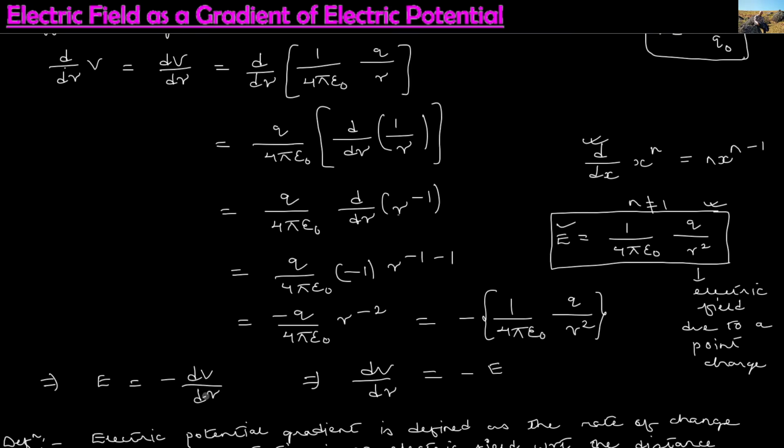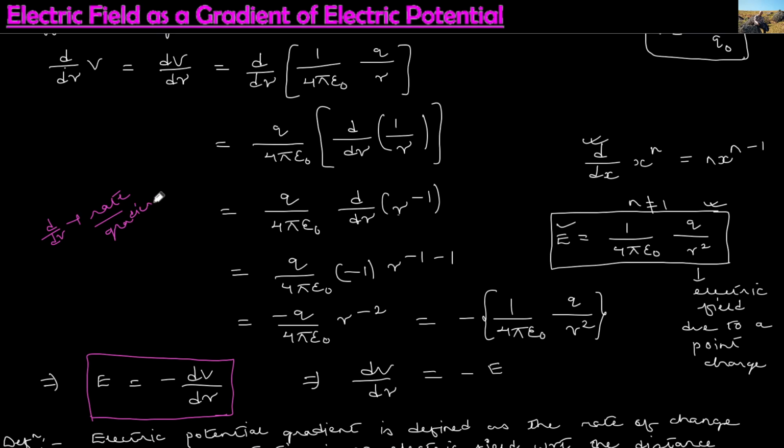So that is the relation of the electric field in terms of the potential, and it is nothing but the gradient. That means the gradient of the potential is the electric field, that means the electric potential gradient. When I say gradient, that means d/dr.